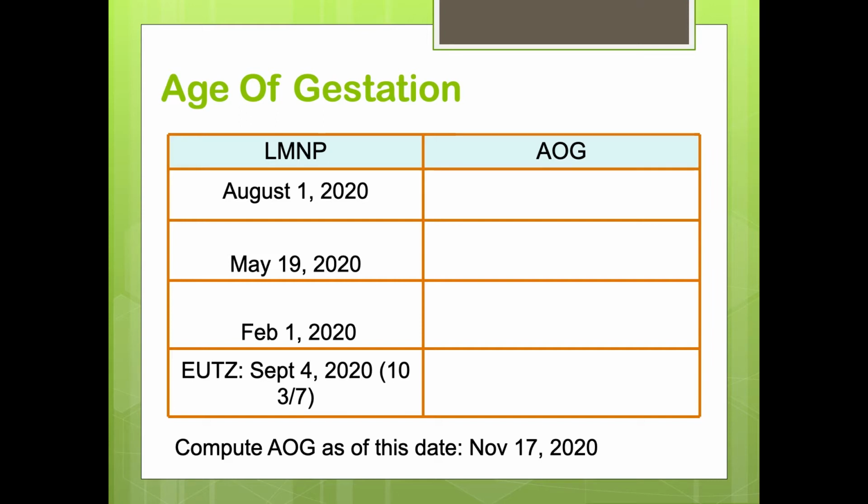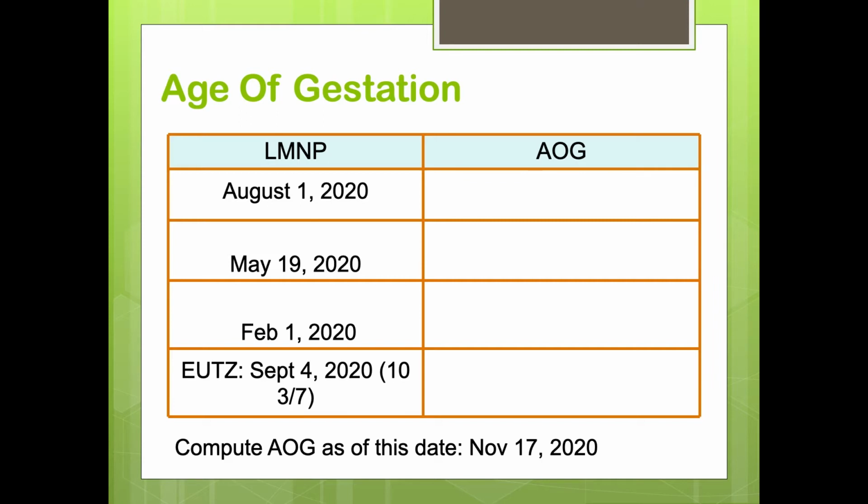Okay, so for August 1, 2020, how do we do it? August has 31 days. So that is 31 minus 1. So that is 30. And then you add in the remaining months until you reach November 17. So that is 31 minus 1 for August, so 30, plus September. How many days does September have? 30.